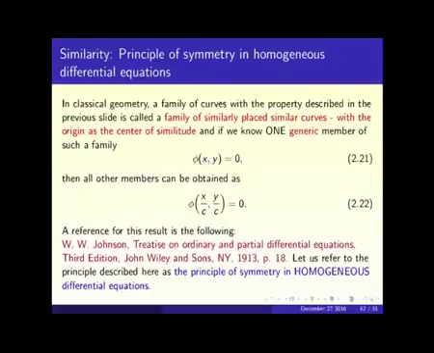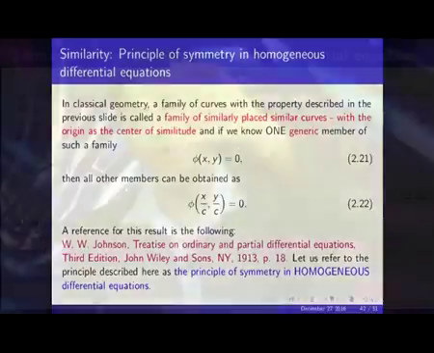So in classical geometry, a family of curves with the property described in the previous slide, a family of curves with the property that they all intersect the line y equal to mx at the same angle, such a family of curves are said to be similarly placed similar curves, and the origin is called the center of similitude.